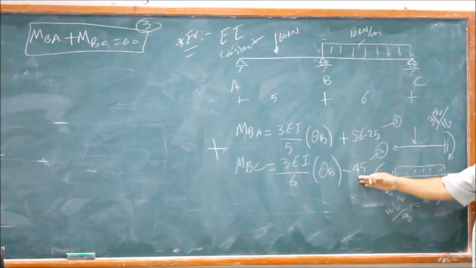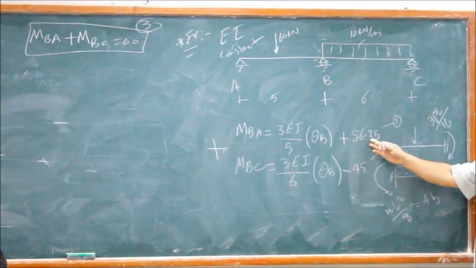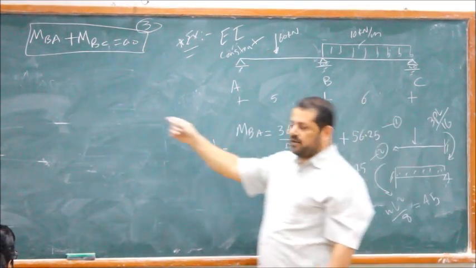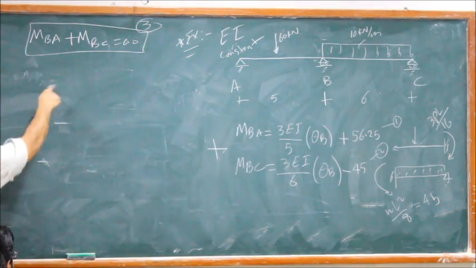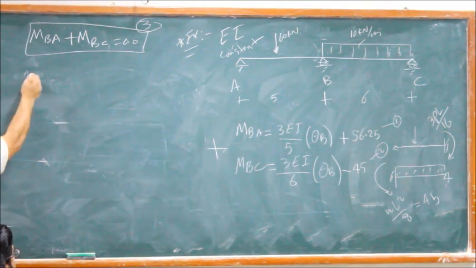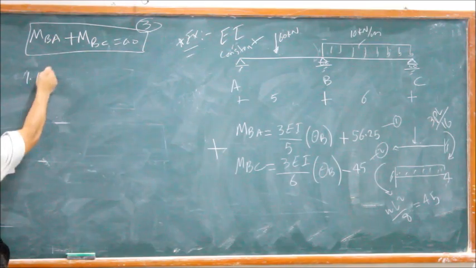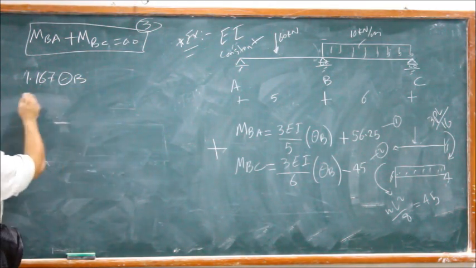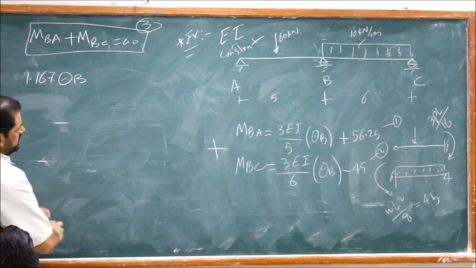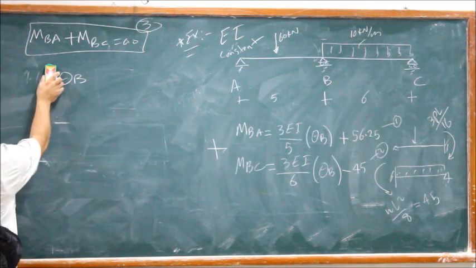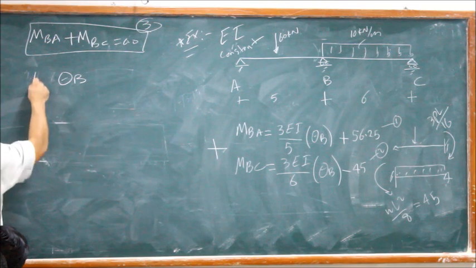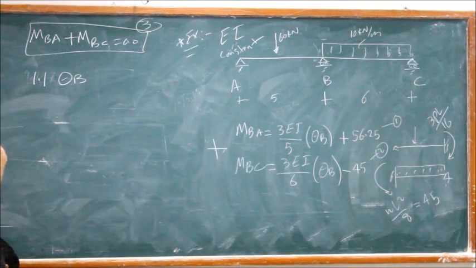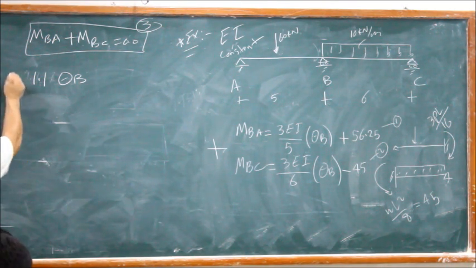And this one, when you add it to this one, it will be 16.25. So what I have here, 0.66 plus how much? 1.67 theta B. 3 over 5 is 1.6. Alright.